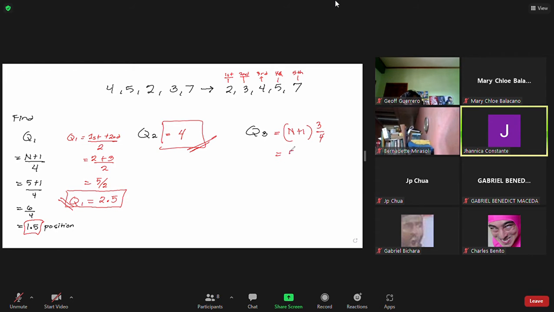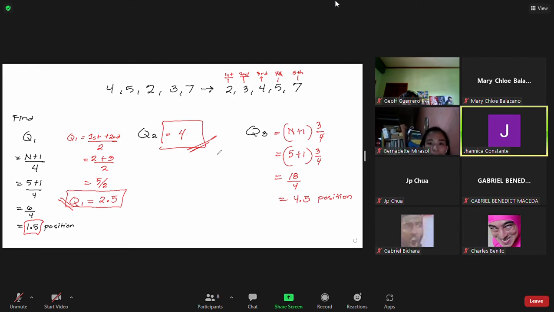So we have 5 plus 1 times 3/4, which is equal to 6 times 3, which is equal to 18, divided by 4. So 18 divided by 4 is equal to 4.5. So quartile 3 is in the position of 4.5.